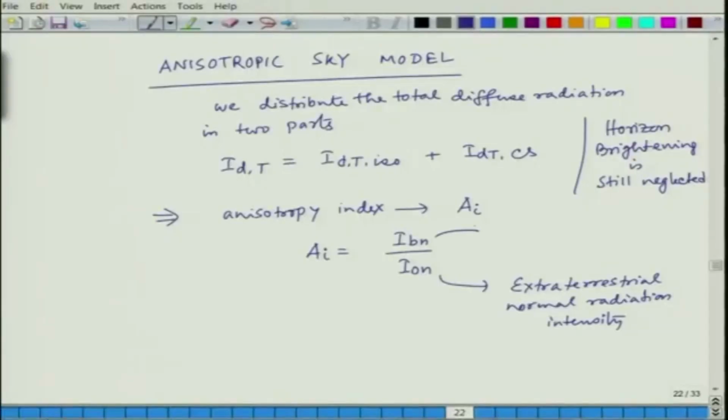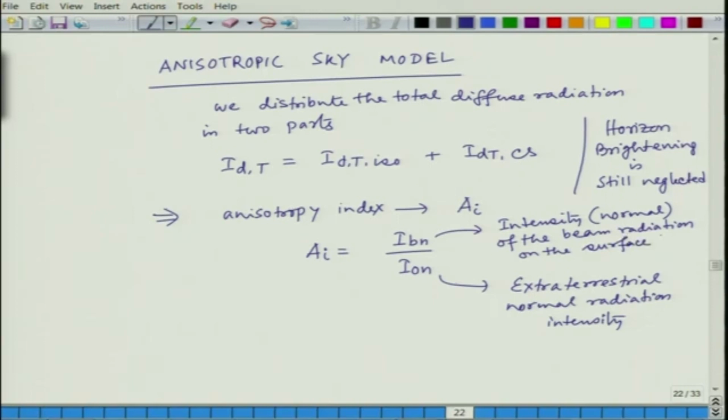So, that is why we base our anisotropy index in terms of ION. And what is in the numerator? It is the intensity, and again I should say normal intensity of the beam radiation on the surface of the earth. Okay.